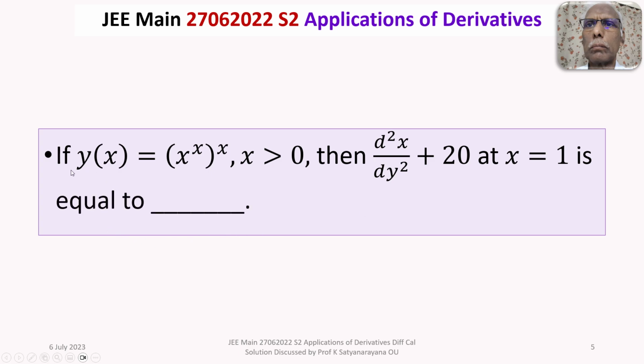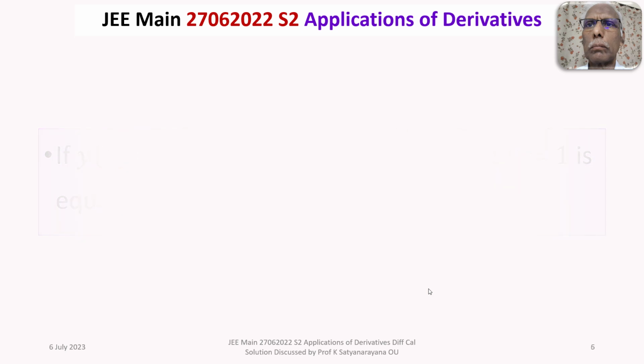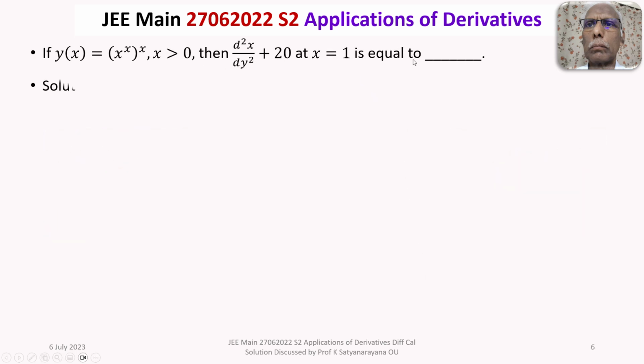So we are given y as a function of x, and it is required to find the value of d square x by dy square plus 20 at x equal to 1. This is our given question.